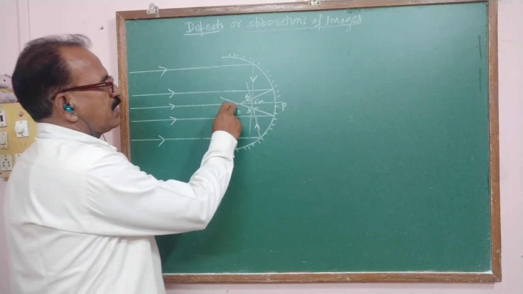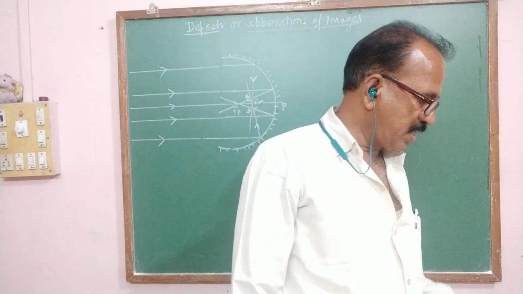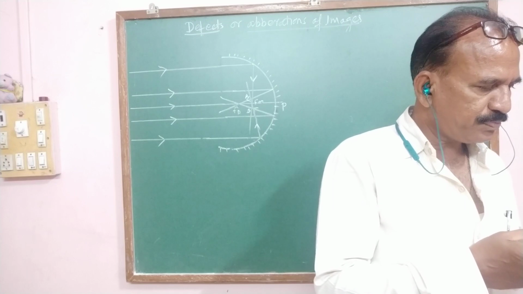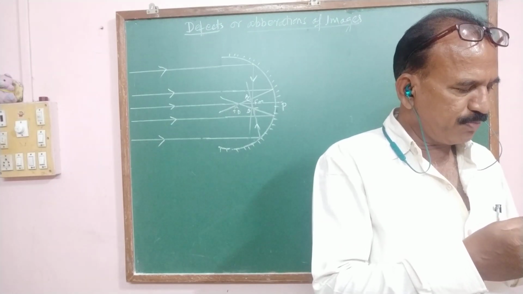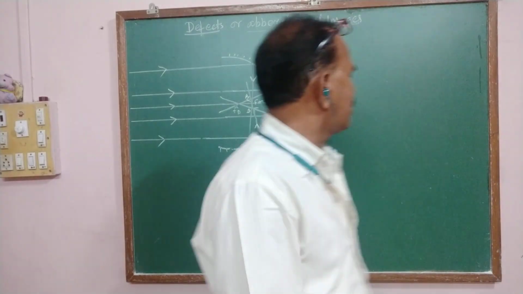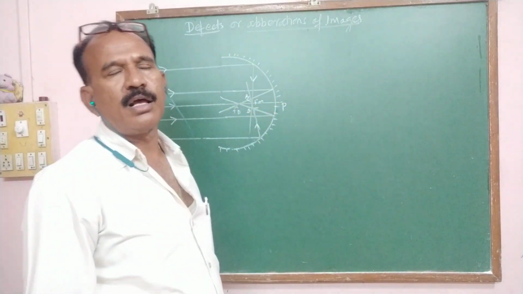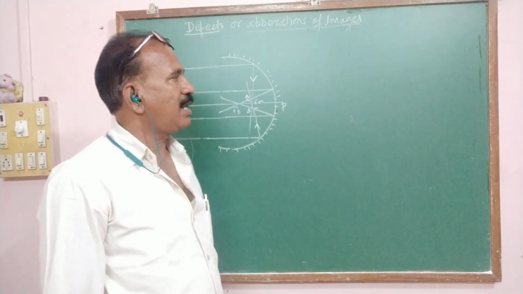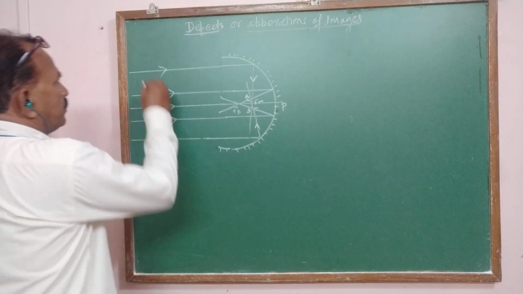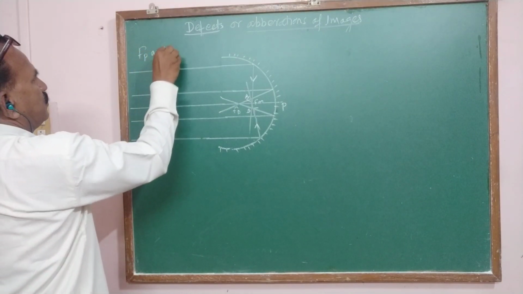Here there is a gap between FP and FM, and we call that gap the longitudinal spherical aberration. This distance between FP and FM is the longitudinal spherical aberration.